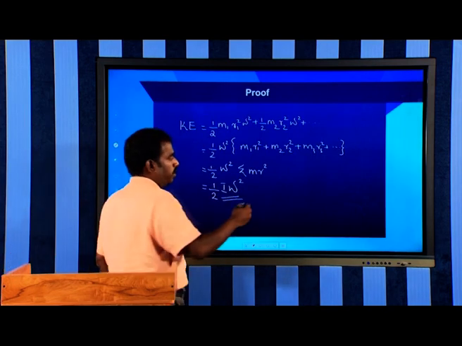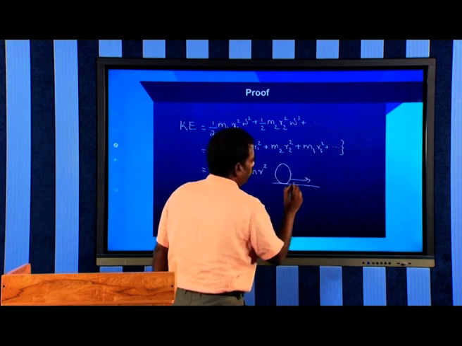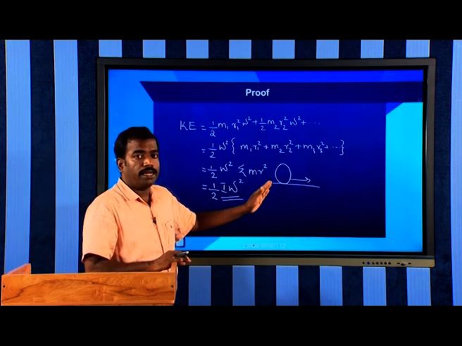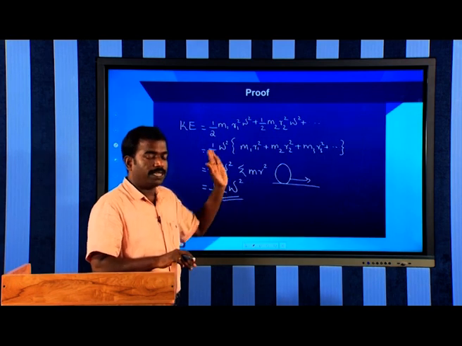Suppose the body is rolling on a horizontal plane. So, this is a horizontal plane and the body is rolling, so it has both translatory motion and rotational motion. So, it is a rolling motion.